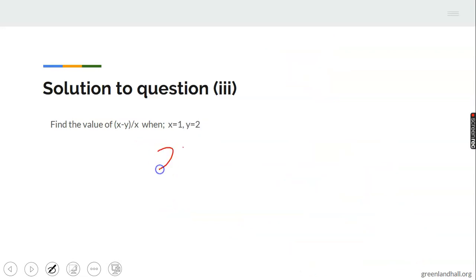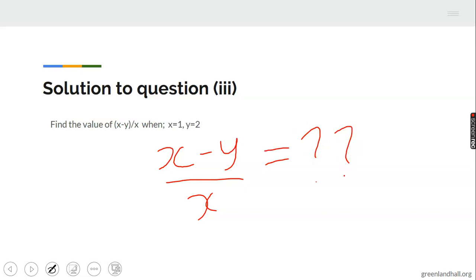We have x minus y divided by x. Now, when x equals 1, y equals 2, what is your value of x minus y divided by x? Do that in less than 10 seconds.